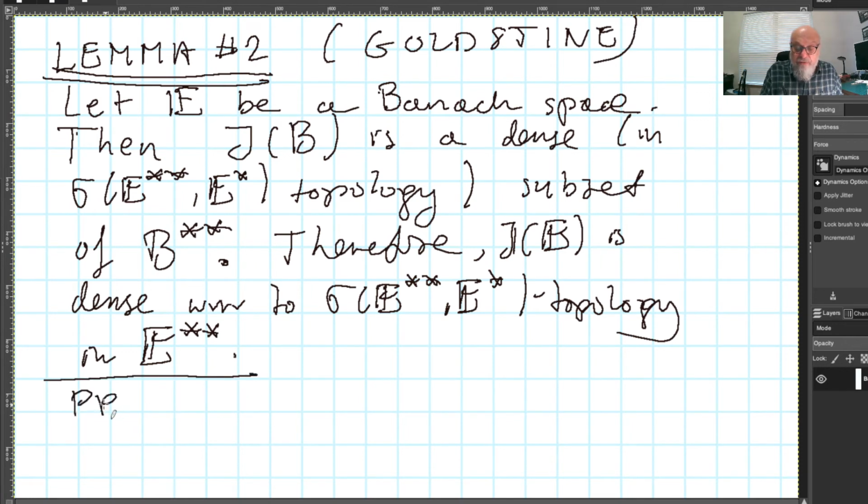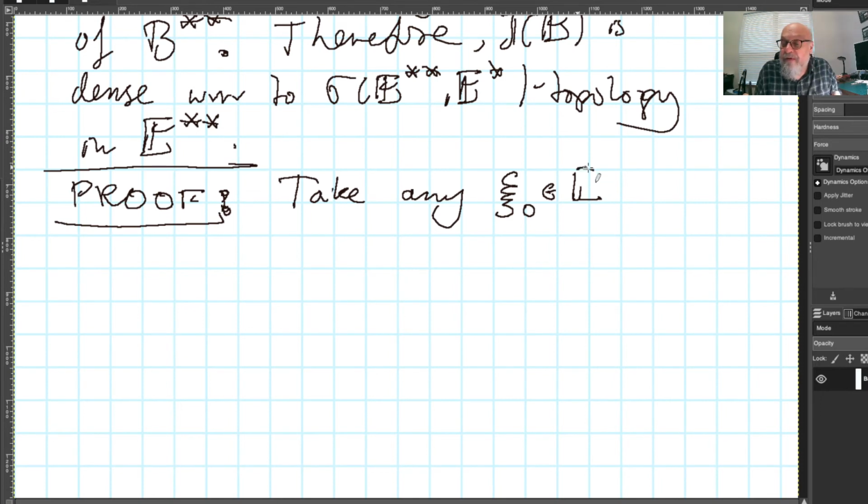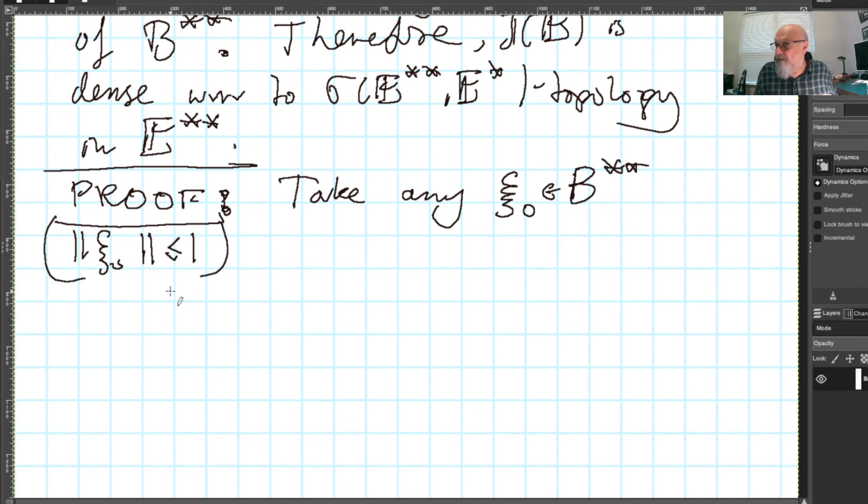Let's go and do the proof. And the proof goes like this. So take any psi naught belonging to B_E double star. So that means the norm of this element in the double star is smaller or equal than 1. Just to remember it. So I take that one. So what do I need to show?